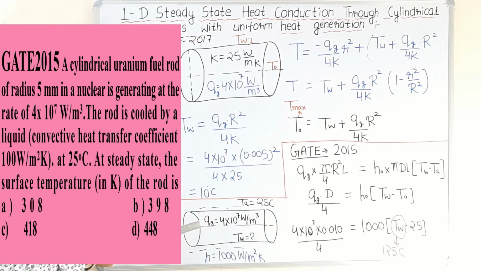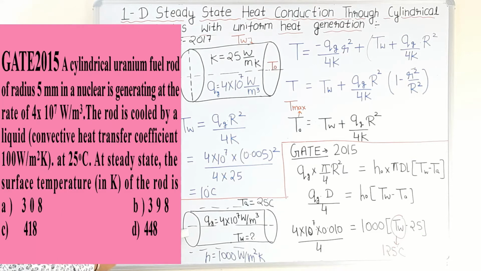So we need to determine the temperature of the surface of the rod, and this nuclear rod is exposed to a liquid which has the value of h like this and the temperature like this. This problem can be solved by the basic energy principle.